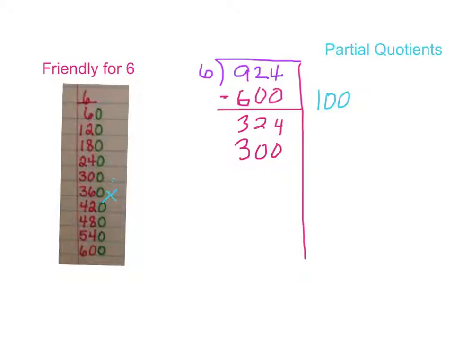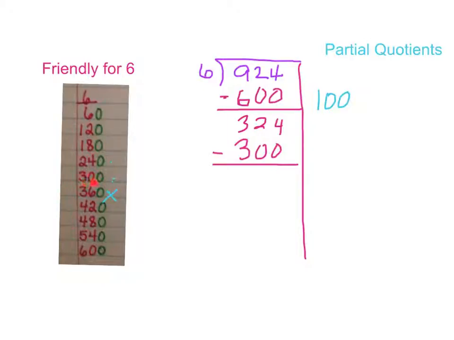I write my 300 underneath my 324, and then I think to myself, what number do I have to multiply 6 by to get 300? Or what is 300 divided by 6? Well, if I don't look at this 0 here on the end, I see 30 divided by 6.